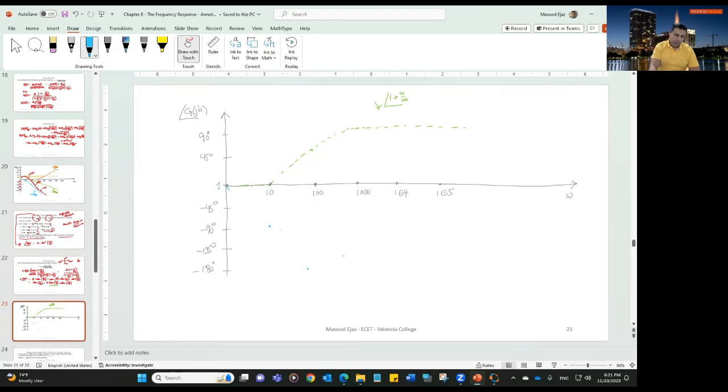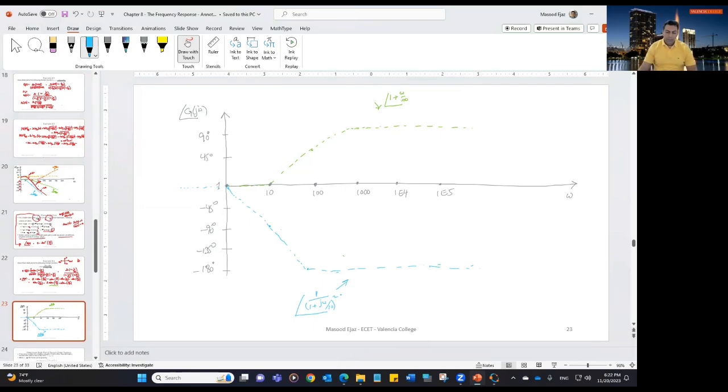And since I'm starting at 1, which is 1/10 of 10, all the values before that are going to be 0, 0.1 to 1. So this is my phase of 1 over 1 plus j omega over 10 squared.